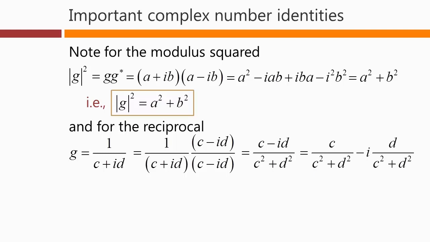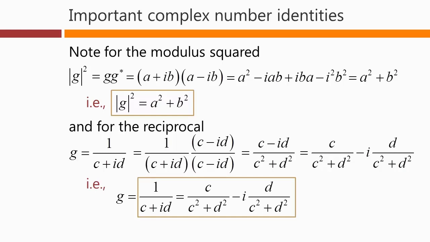And so we've managed to turn this number, which was 1 over c plus id, into some number that is an a plus an i times a b. So the reciprocal of a complex number can also always be written in the form a plus ib. In this case, it's a minus associated with this term, but it's still the same form, an a and a b here.